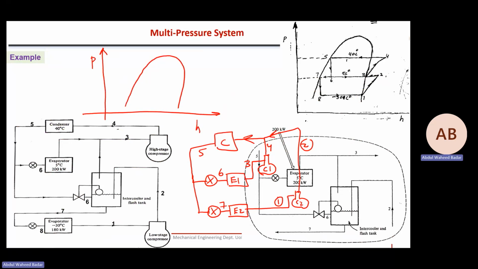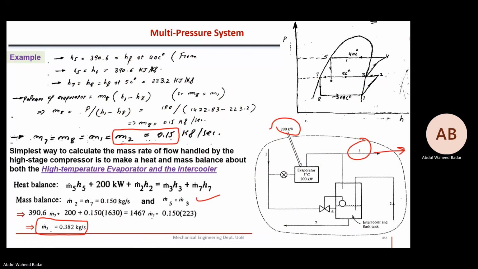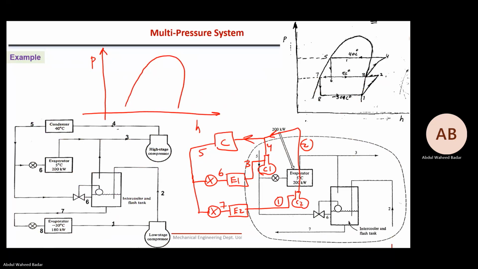Now let's draw its pH diagram. The schematic is clear. Both evaporators have their own compressors, and both of them are directly sending the fluid to the same one condenser. Now let's show it.